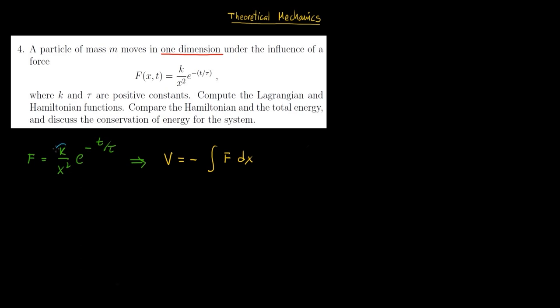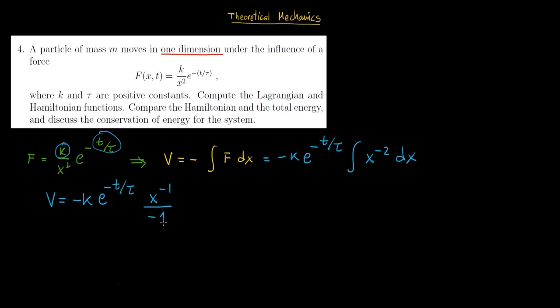So since k is a constant and t over tau is like a constant if we consider it as part of the integrand, then they can go out from the integral, and so the potential energy will be minus k e to the minus t over tau x to the minus 1 divided by minus 1, and we should add a constant, let me call it A. This minus with this minus cancel out, the one also, and let me put x in here.